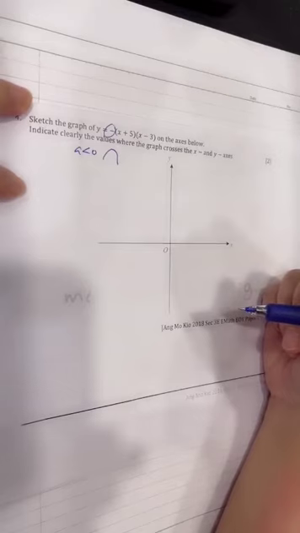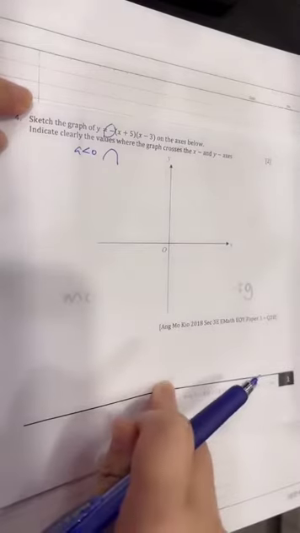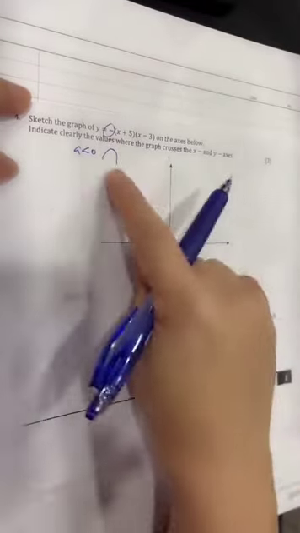One more question only about the graph. This is the second last question. So a is less than 0, so you know that this is a sad face.